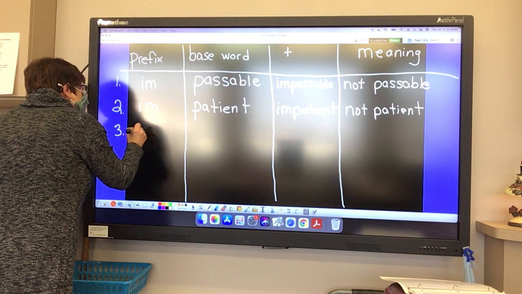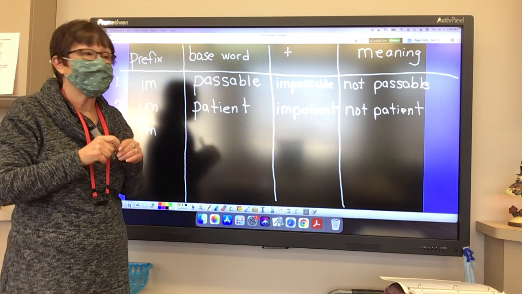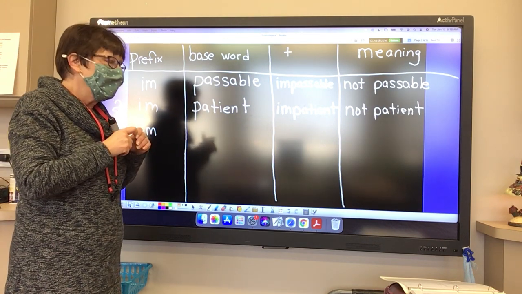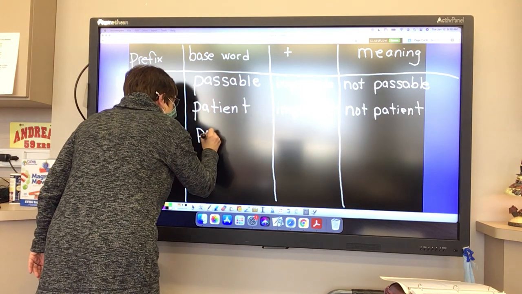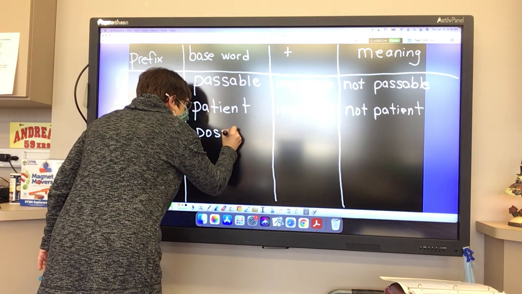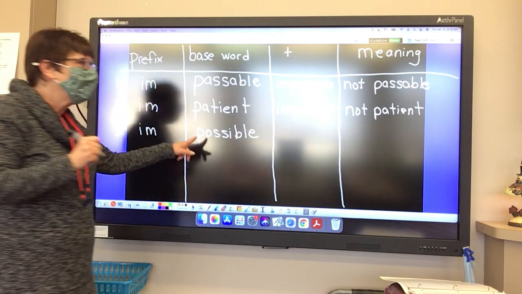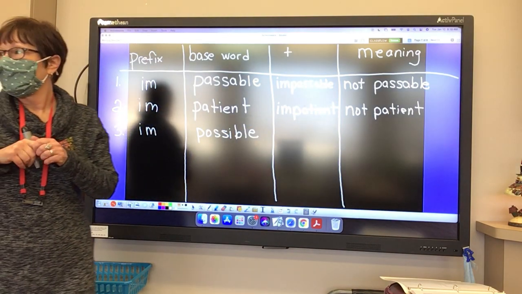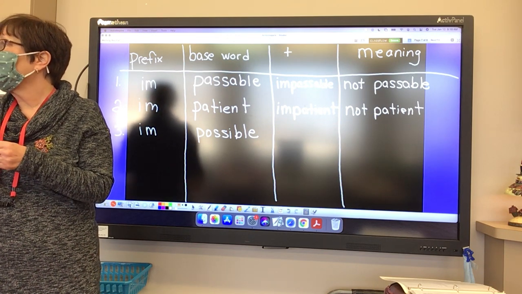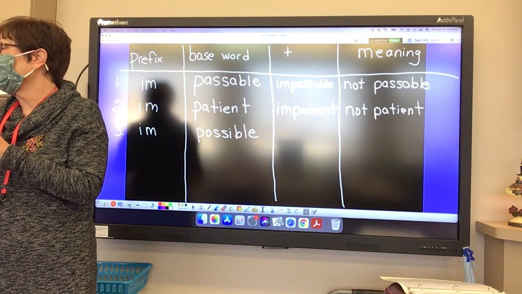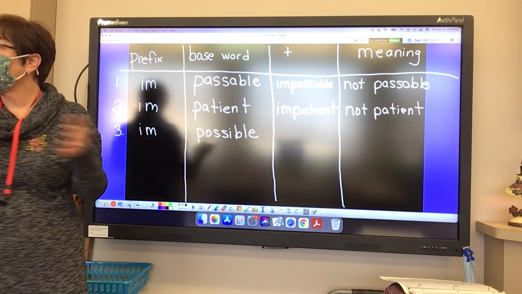So now we're going to write number 3. We're going to write our prefix again. Now I have got possible. Now we know that possible means, what does possible mean, Anastasia? Not possible. Wait, hold on. What does actual possible mean?